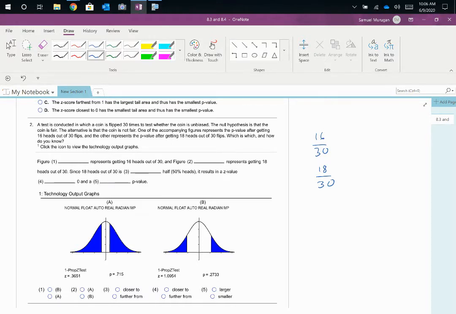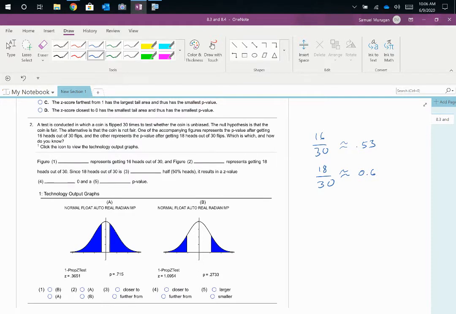If we look at these proportions in terms of numbers, 16 divided by 30 is approximately 0.53, and 18 divided by 30 is 0.6. So clearly the second proportion is larger.